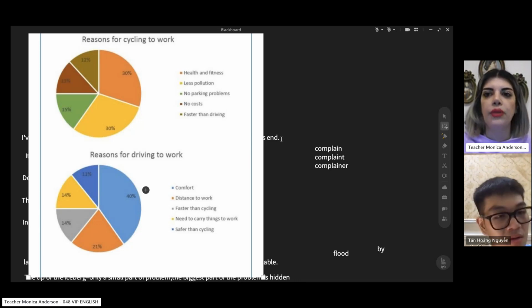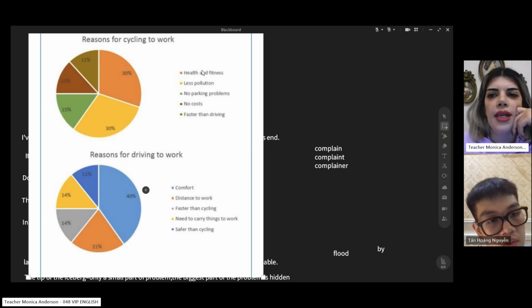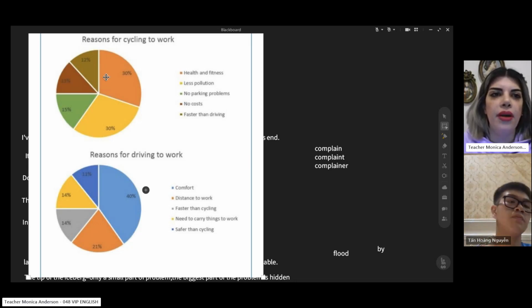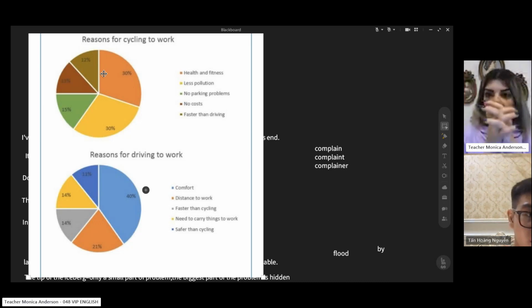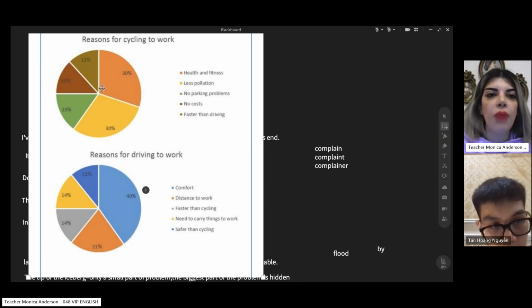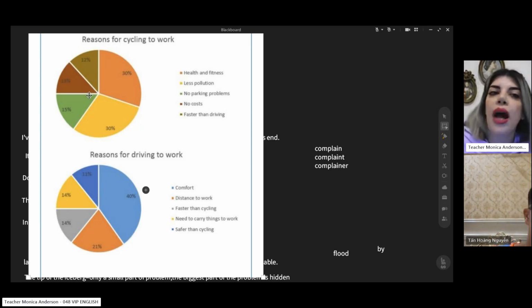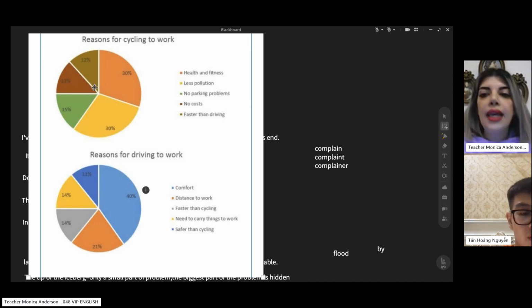So, for example, about paragraph 3: As can be seen from the first pie chart, health and fitness and less pollution, both of them taken together, are reasons given by over half of all people who prefer traveling by bike, because this is 60%.